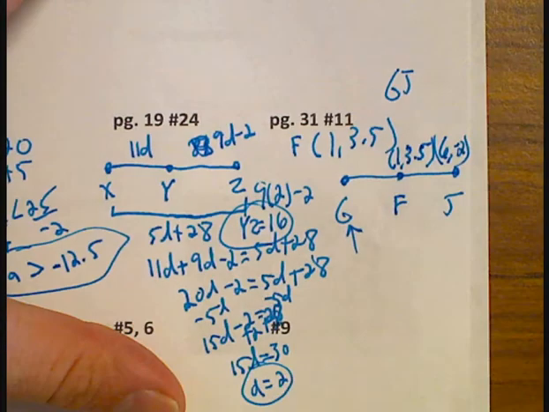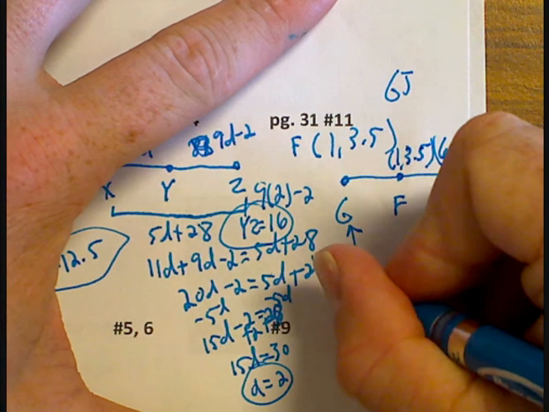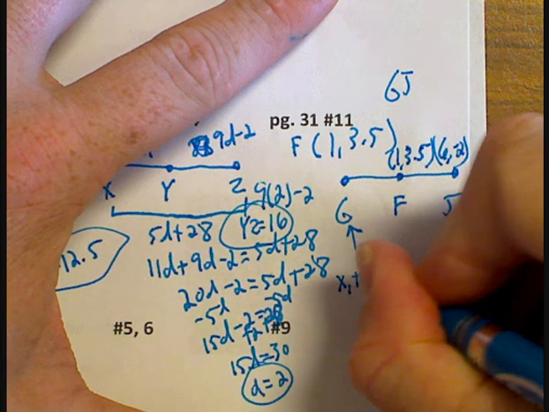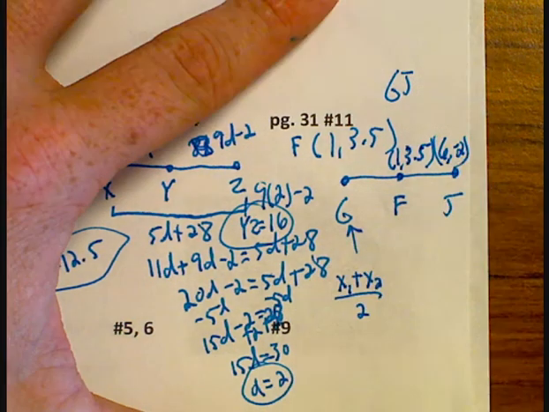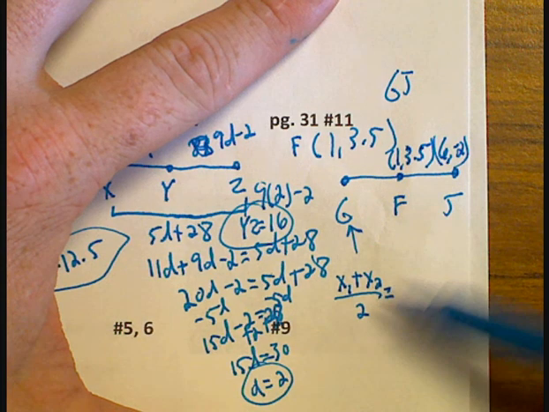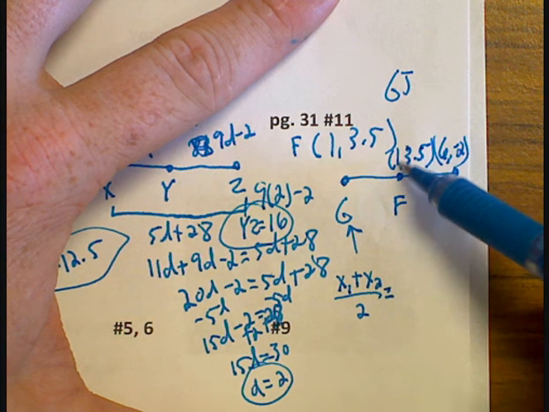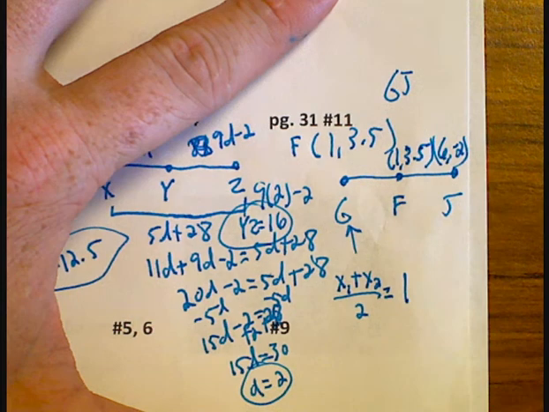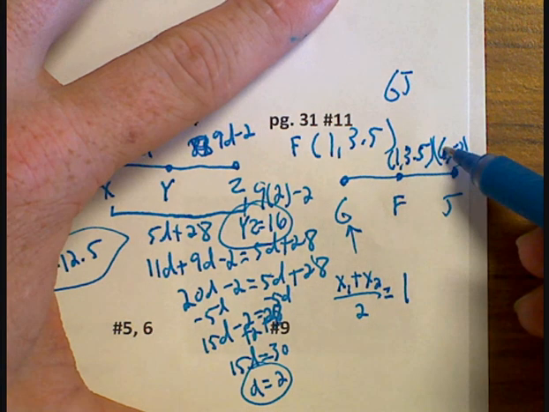So I'm going to use my midpoint formula. I know that x1 plus x2 over 2 has to be equal to my midpoint. My midpoint x value is 1, so this actually has to equal 1. My x2 is 6.